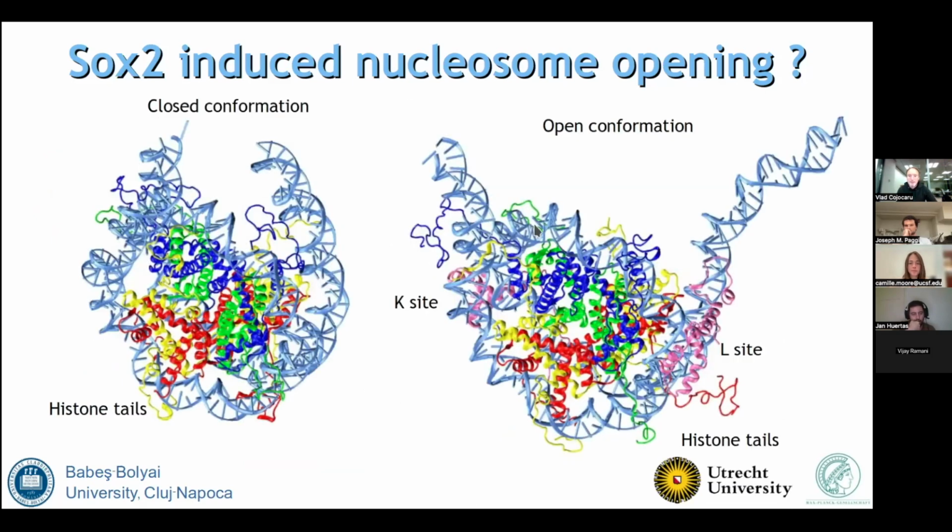And basically, this is, again, a relatively large opening that we observe by SOX2 binding to the -2 SHL site. We did not yet observe an opening of the nucleosome on the +2 site, which is interesting because it was kind of thought that the major opening comes also from the +2 site. So that's something that we are now currently investigating.